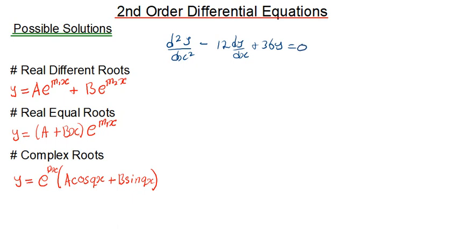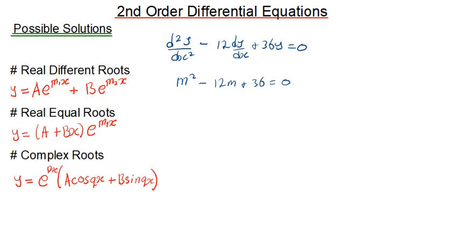So always remember, the first step that you have to take is to come up with your auxiliary equation. So in this case, we can write this as m squared minus 12m plus 36 is equal to 0. That's how we can write that.